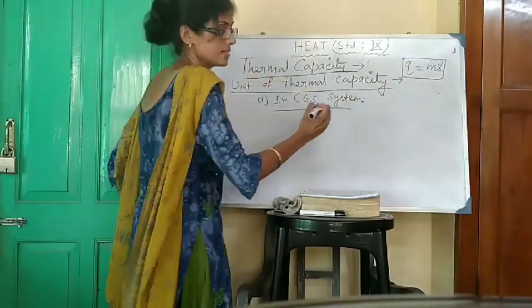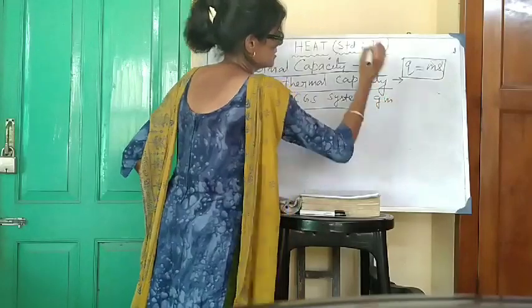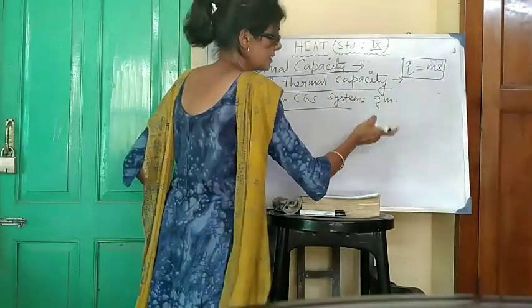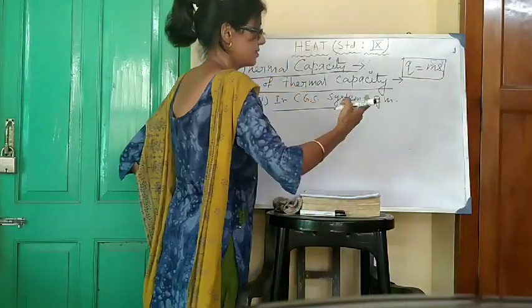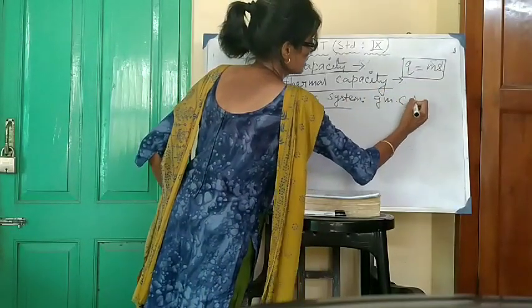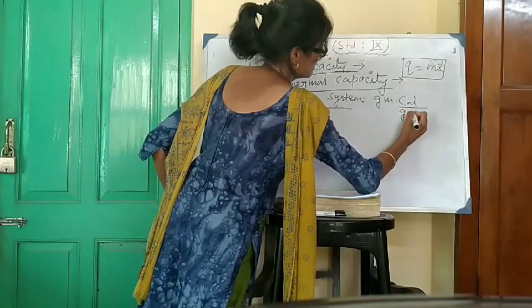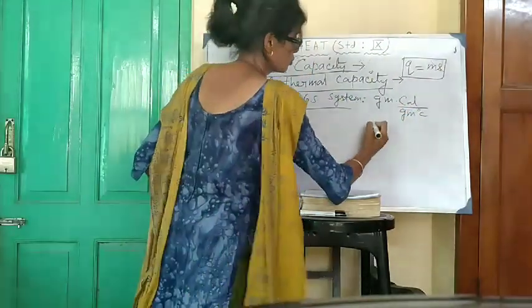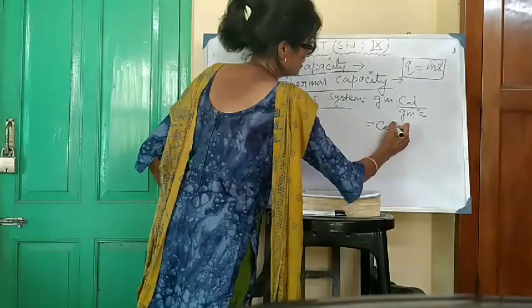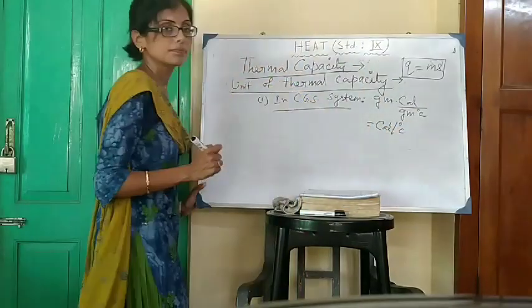CGS unit of mass is gram. CGS unit of specific heat, previously we had done it. What is the unit in CGS system? Calorie per gram degree centigrade. Gram is cancelled out. So calorie per degree centigrade.